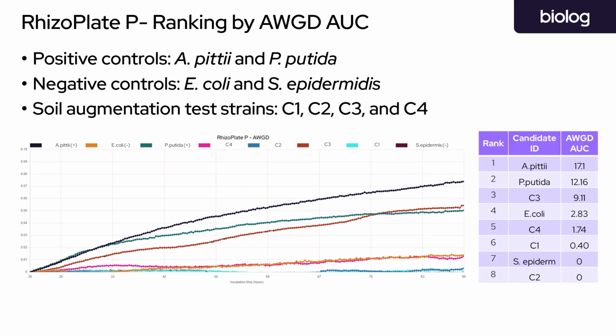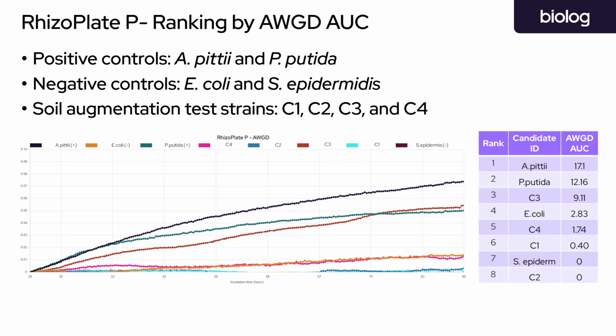However, when we take into consideration the area under the curve of each of these plots, we can see that the true ranking shows both positive control strains outperforming C3, although it's not far behind. Even for P. petita and C3, which intercept at 75 hours and share similar endpoints, we can make a clear determination on rank using the area under the curve.